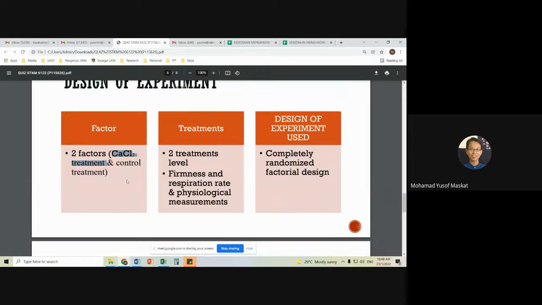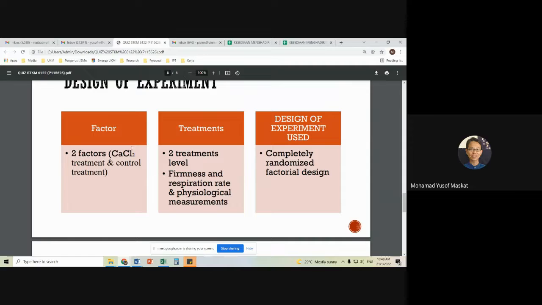Another way for you to determine whether it is a factor or not: remember, factors are aspects that we want to investigate. In order for us to do so, we need to vary the factor. That's why after a factor, there has to be a level or type. Based on whether it is a one factor or two factor experiment, you will then have a treatment.